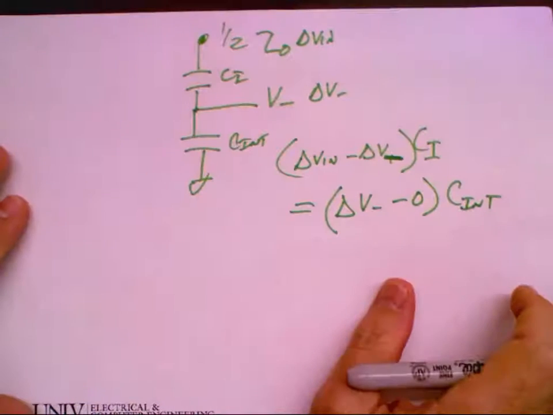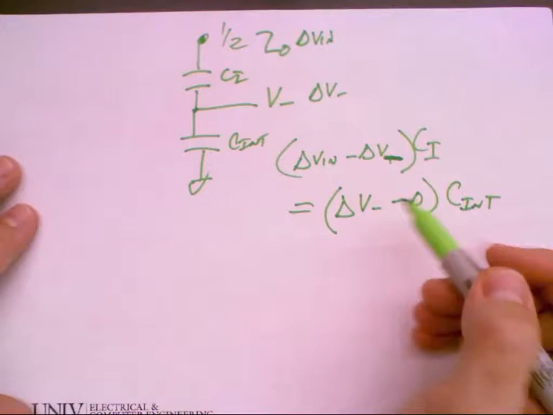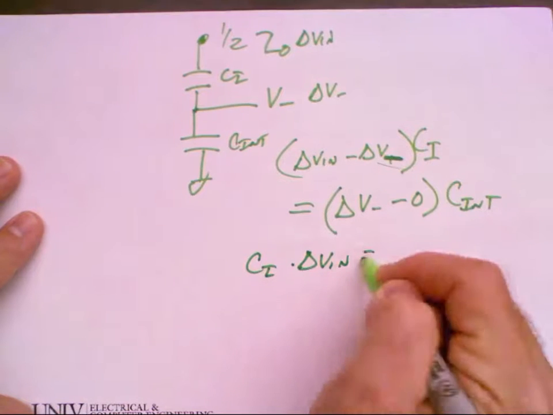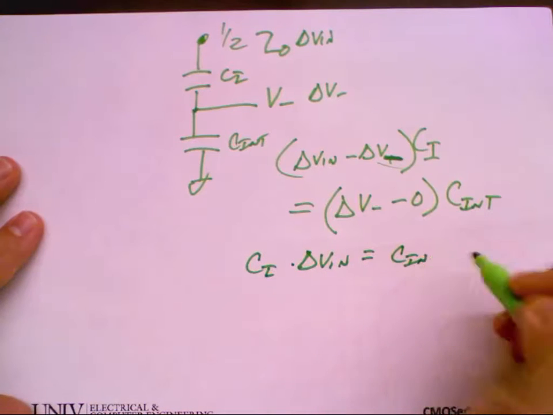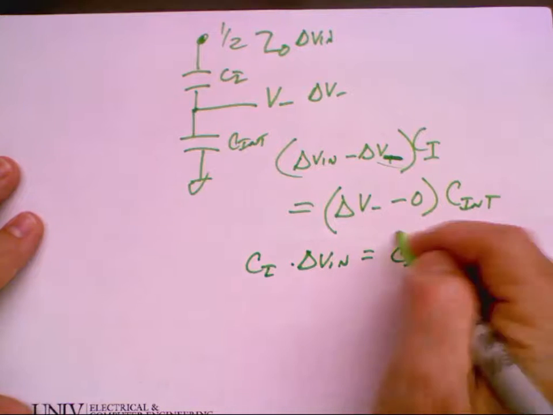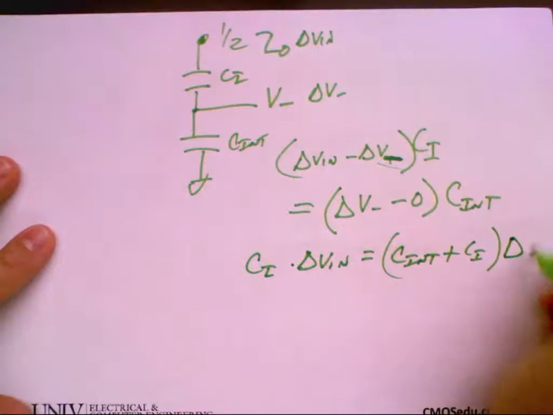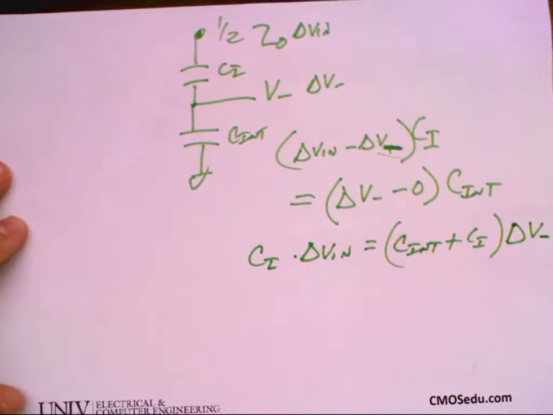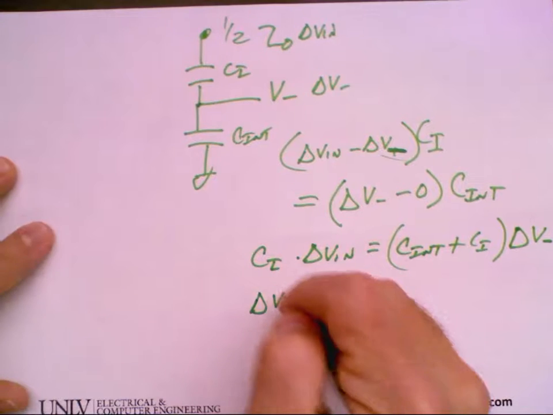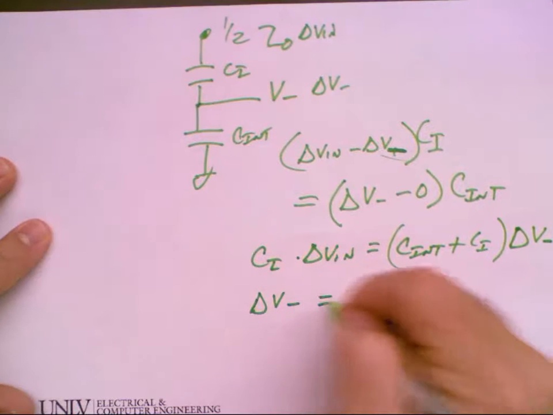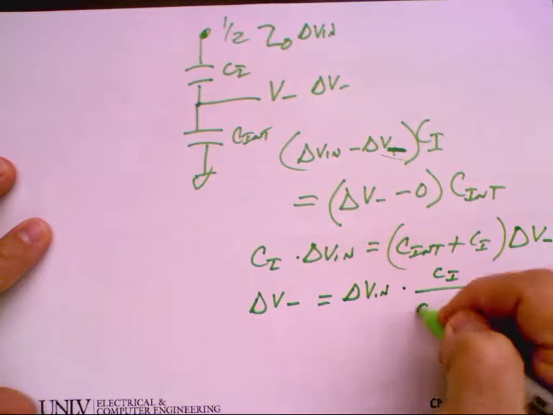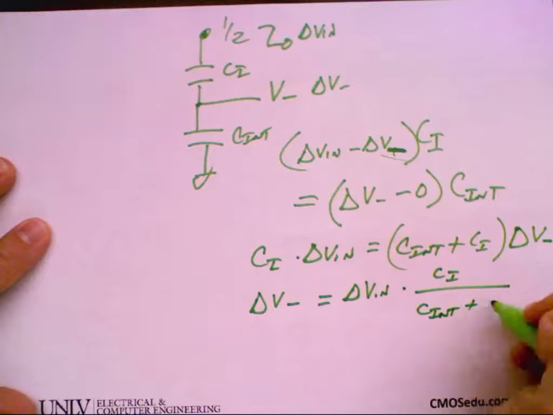Okay. So then I'm going to move the C int over, and I get Ci times delta V in equals C int plus Ci times delta V minus. Or delta V minus is equal to delta V in times Ci over C int plus Ci.